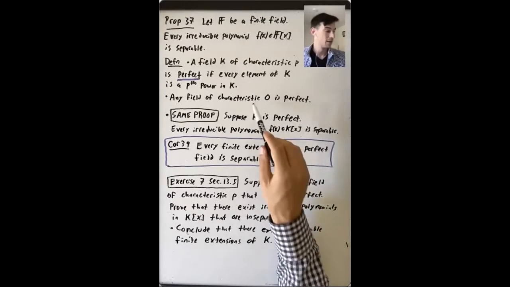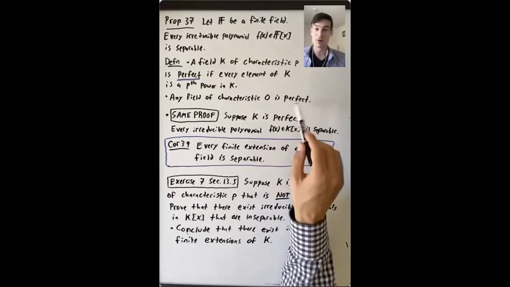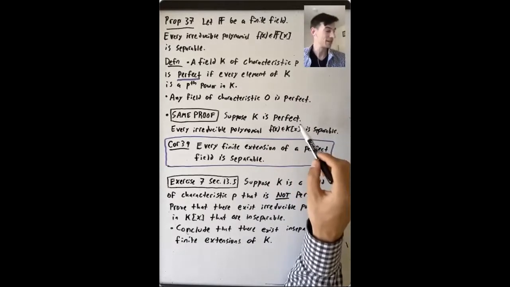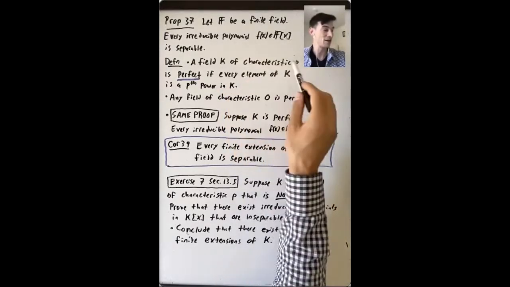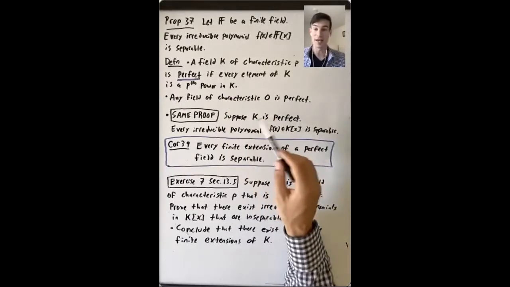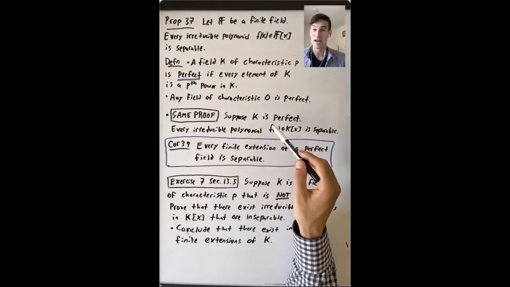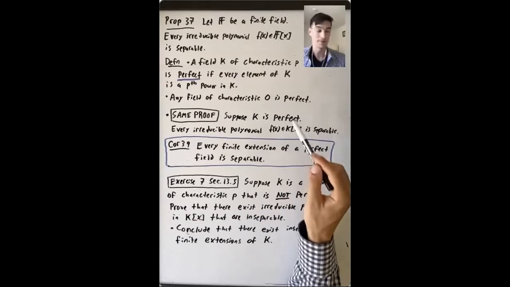For fields of characteristic 0, we've proven this already. And in the case that k is characteristic p and is perfect, it's the same proof as for the case when your field is finite.